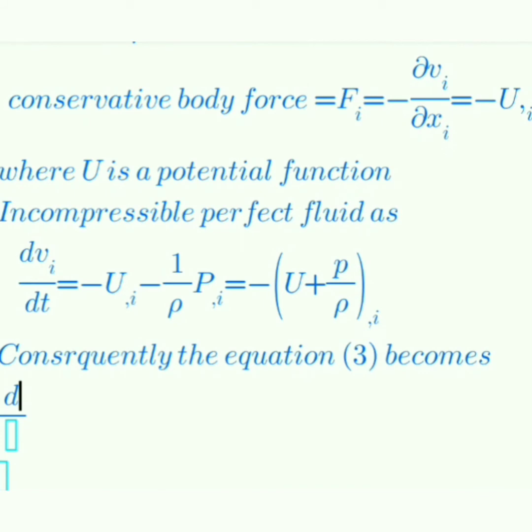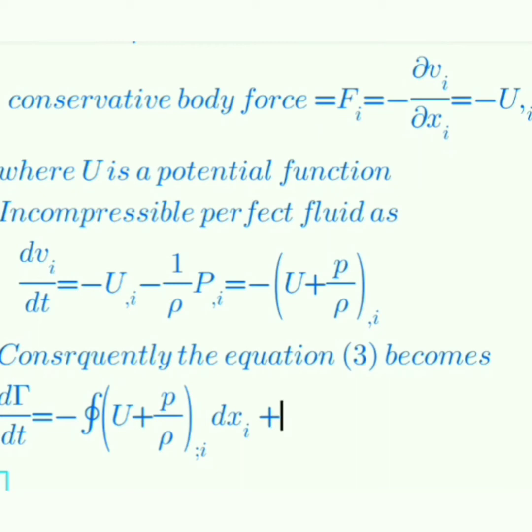I am just putting the value: d gamma divided by dt equals to minus capital U plus P divided by rho, P divided by rho comma I, d xi, plus closed integral, and everywhere is my circulation C.